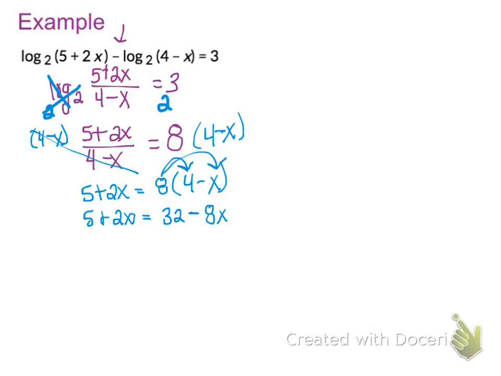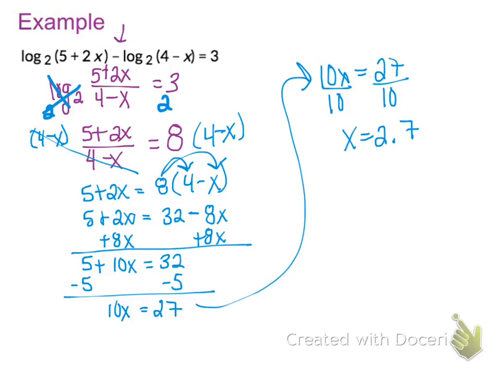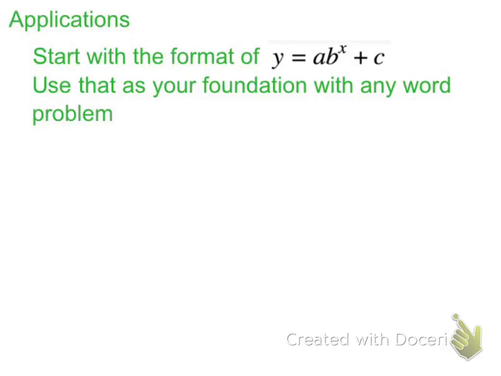And then continuing to solve for x from there. So you can see my basic solving of a linear equation there once I got rid of that logarithm, and I found x to equal 2.7.